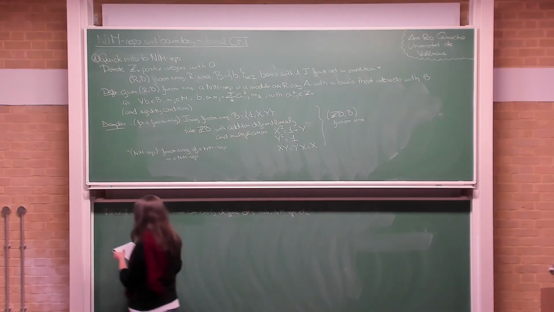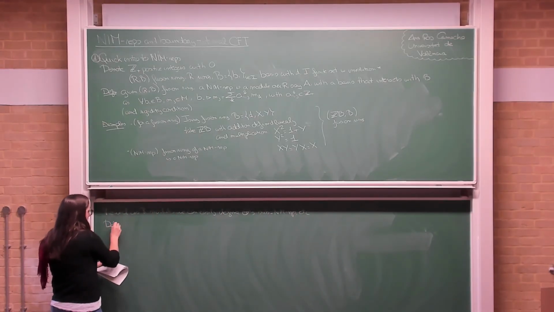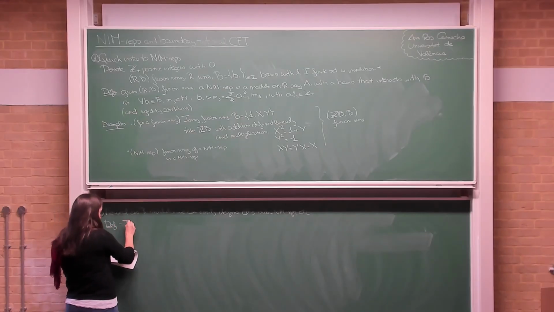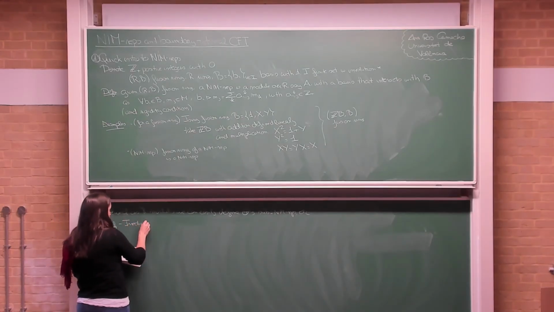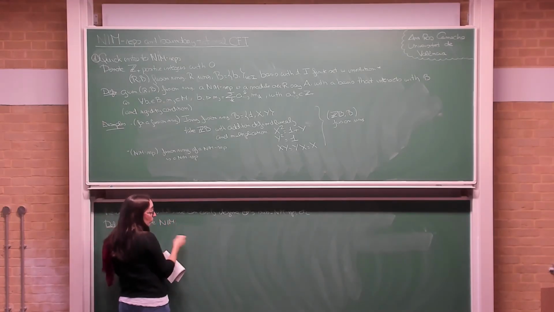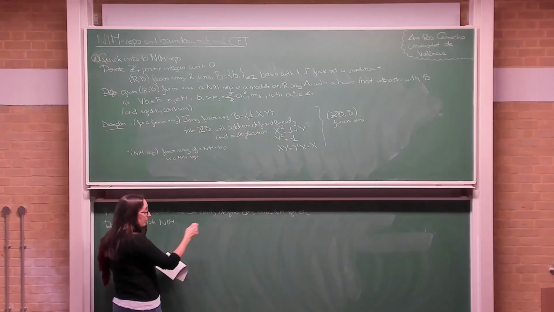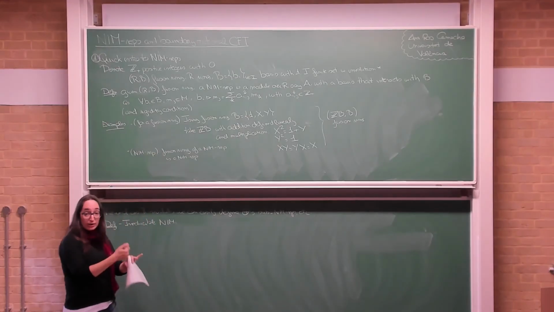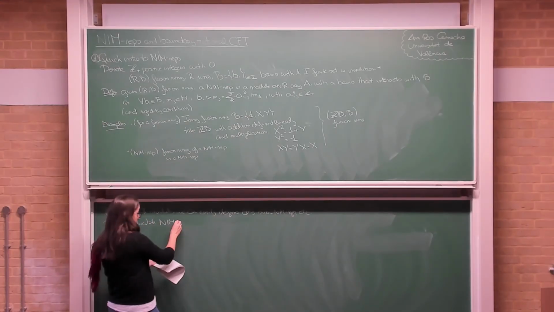In particular, I want to define what I mean by an irreducible NIM-rep, which is the case when we don't have any proper sub-NIM-reps, so you can't break it down again into smaller NIM-reps.